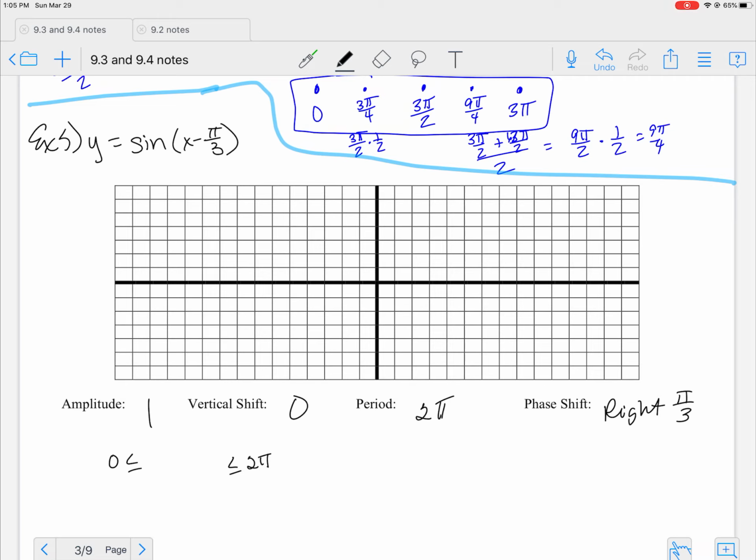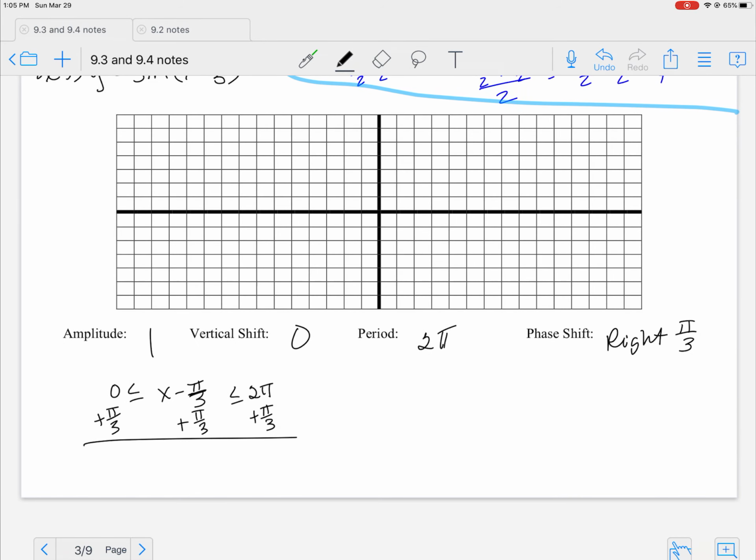Okay, good for you. Now, when I'm looking at shifting this, the best way to look at this is to say, okay, I'm going from 0 to 2 pi. And I'm going to take that and say x minus pi over 3 goes between 0 and 2 pi. So I have to figure out, if I'm making this shift, what my beginning and end values are going to be. All right, so I'm going to add pi over 3 to both sides.